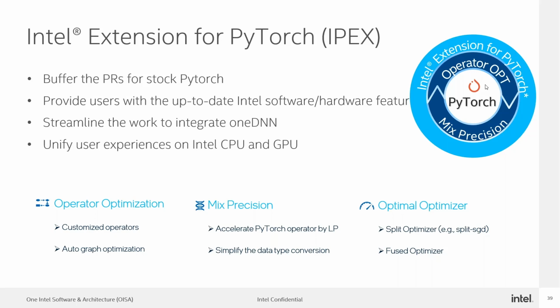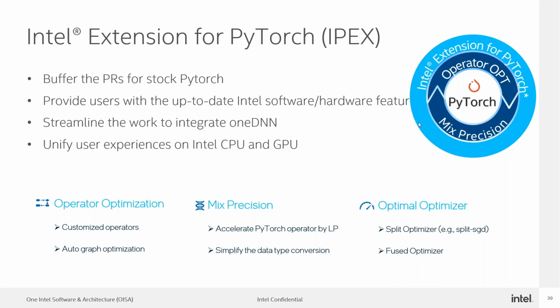So we have several optimization methodologies in IPEX. The topology looks like this. The core part is PyTorch. We use PyTorch as the base and then applied several optimization methodologies like optimizer, operator optimization, or mixed precision.